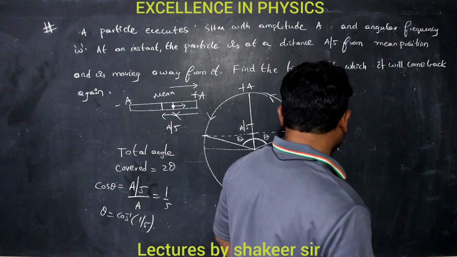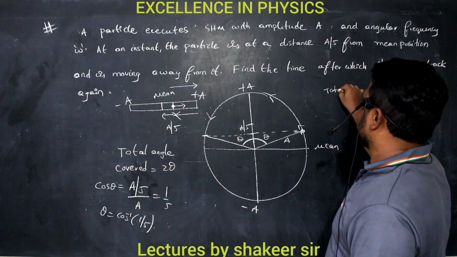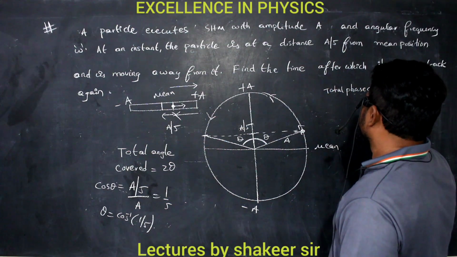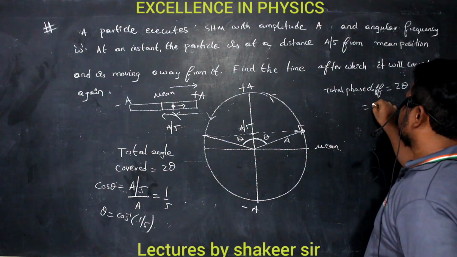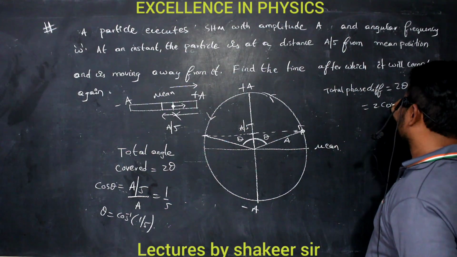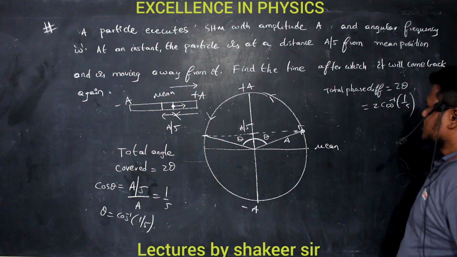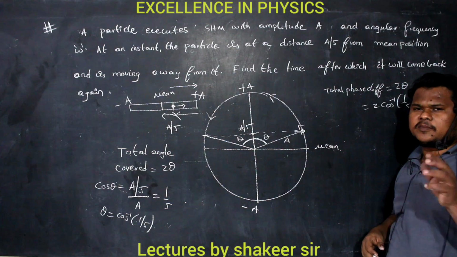But what is the total phase angle? The total phase difference, or angle covered by the particle, is 2 theta, which equals 2 into cos inverse of 1 by 5. If I know the phase difference, I have a relation for calculating the time difference.